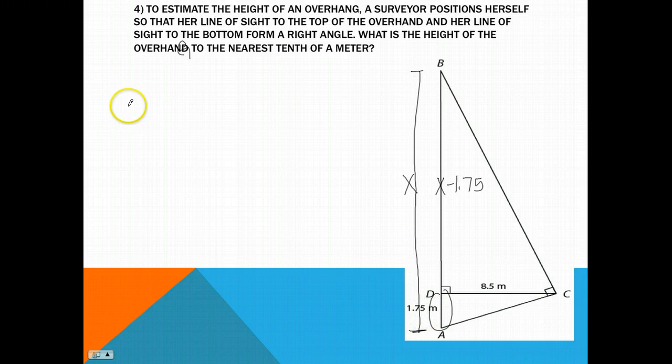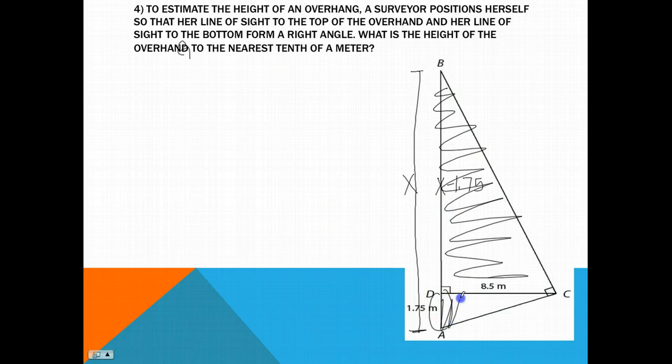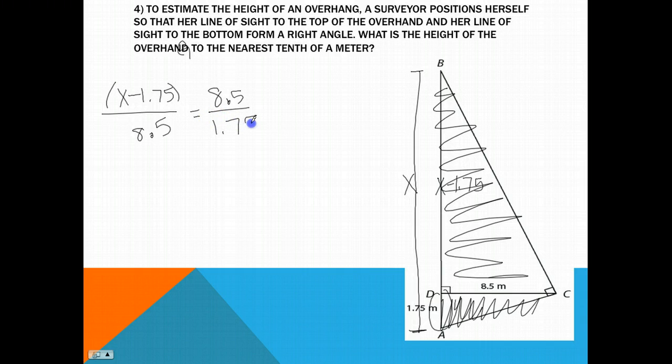So we're going to set this up. I'm going to use these two smaller triangles, and I'll shade them in different directions. I know the longer length, X minus 1.75, over its shorter length of 8.5, equals the longer length of this bottom triangle, which is 8.5, over its shorter length of 1.75.